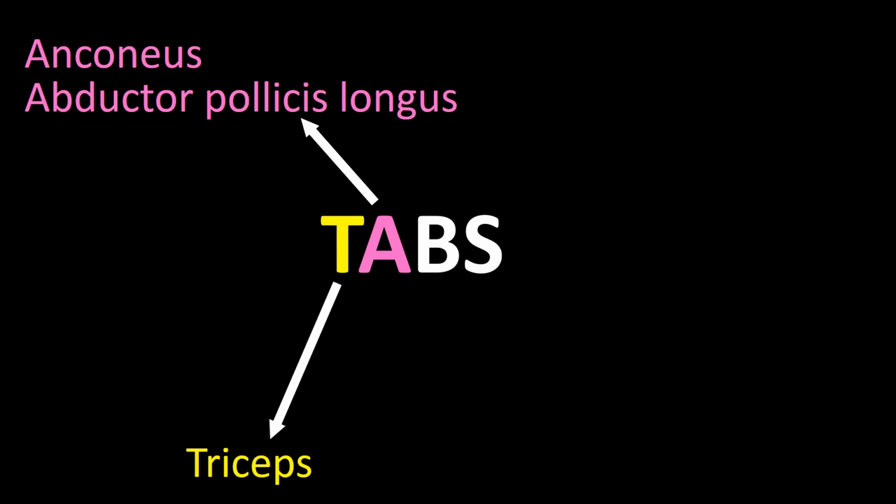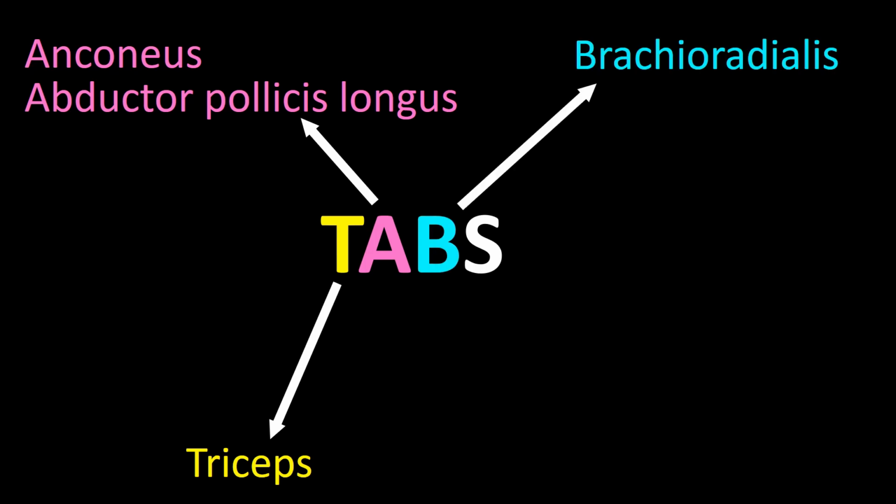TABS stands for triceps, the T; the A for anconeus and also for the abductor pollicis longus; the B for brachioradialis; and S for supinator.